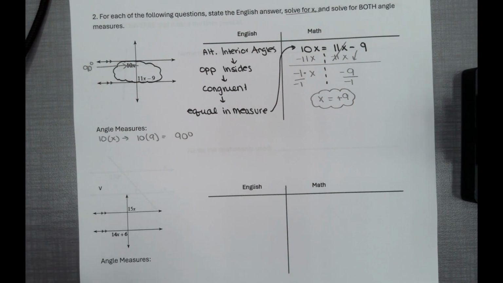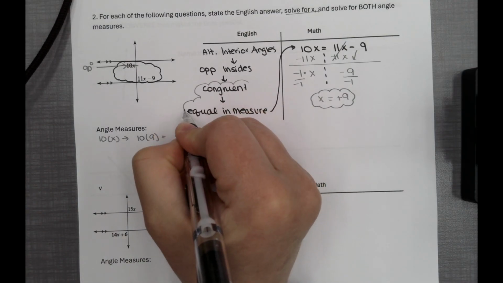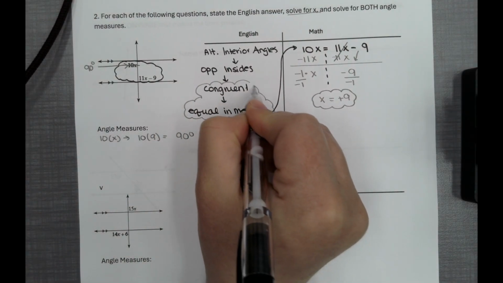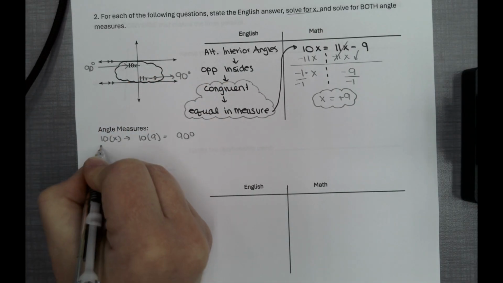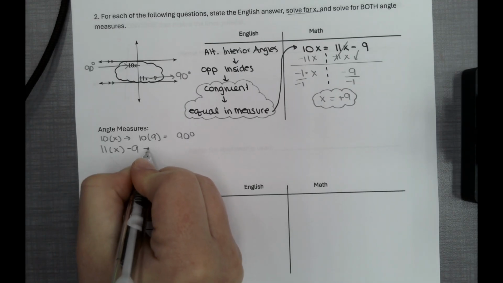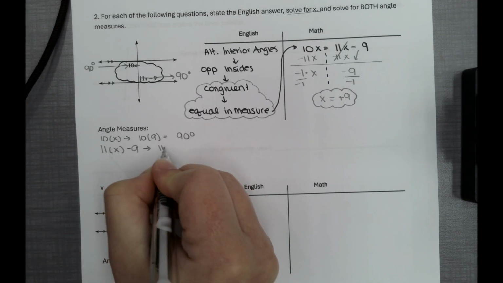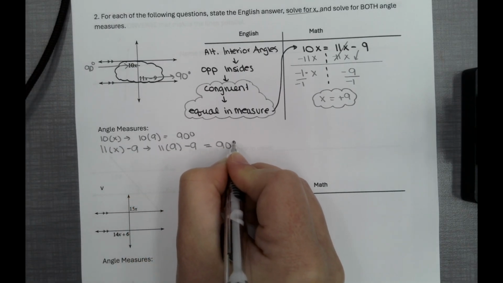You can absolutely just plug in x, but you don't really need to because of this congruent equal in measure. Since we know that these are going to be equal in measure, immediately that one also needs to be 90 degrees. But if you don't catch that on the test and you would like to plug things in, that is also okay, and that will also give you 90 degrees.